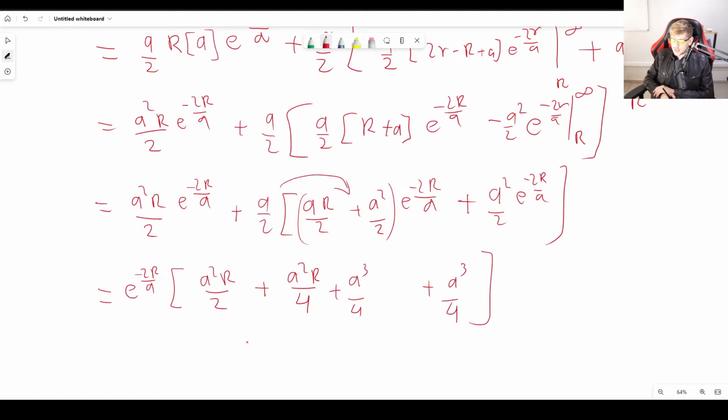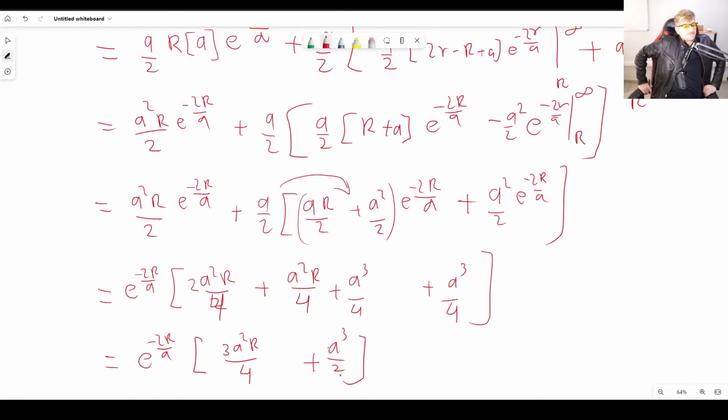So finally, we can simplify this a little bit. So we get e to the minus 2r over a. And then we can add these two together. So this is 2 over 4. So we get 3a squared r over 4 plus 2 times a cubed over 4, which is a cubed over 2.